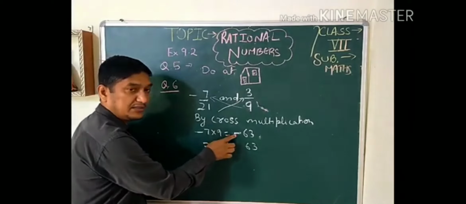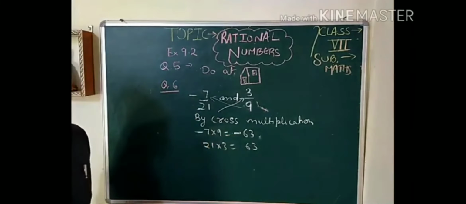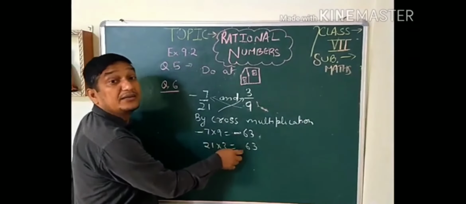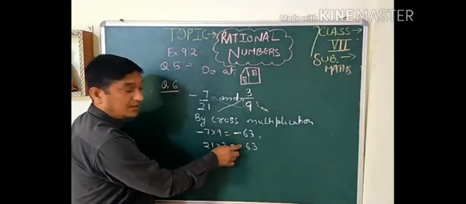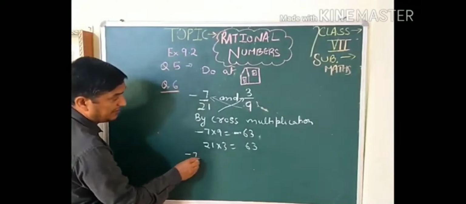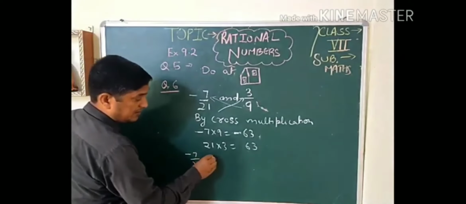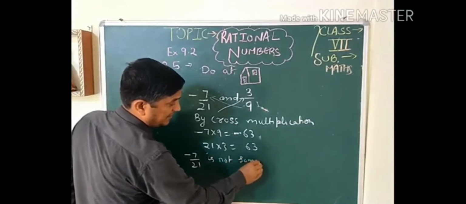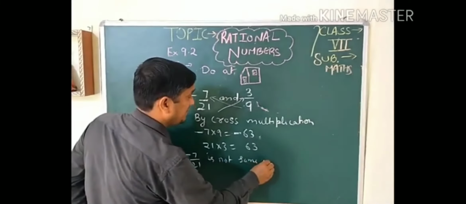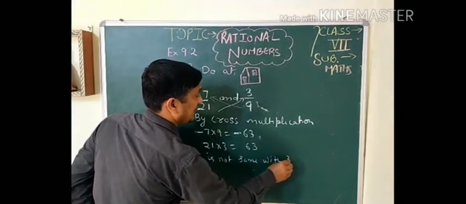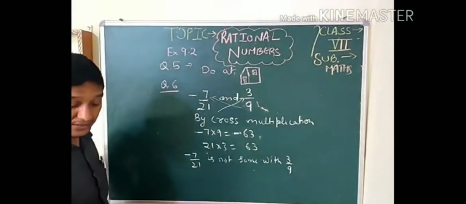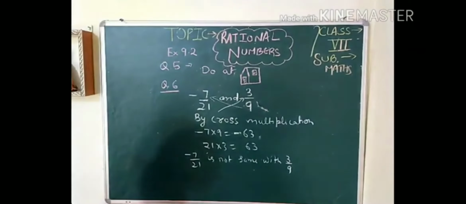This is minus 63 and this is plus 63. So children, both are different. They are not the same. So you can say that minus 7 upon 21 is not the same as 3 by 9. Or you can say they are not equal. They are different rational numbers.